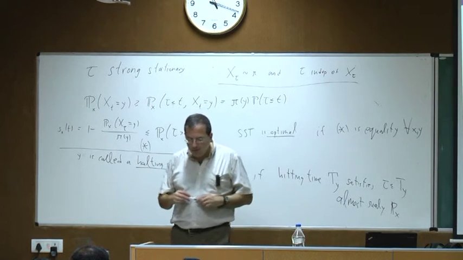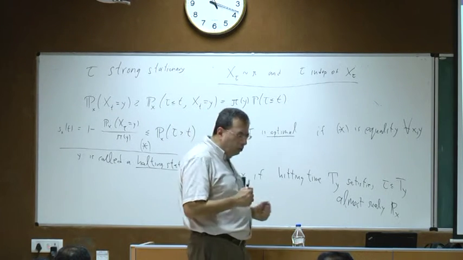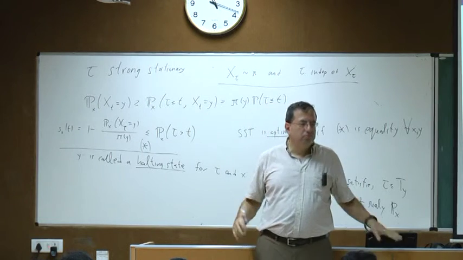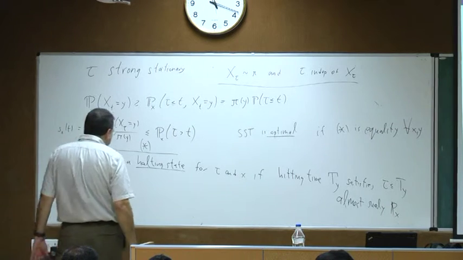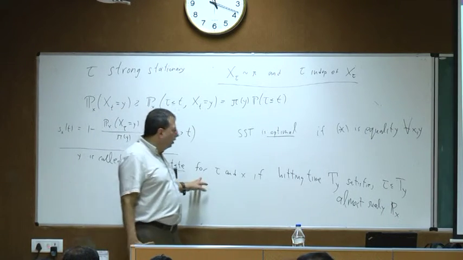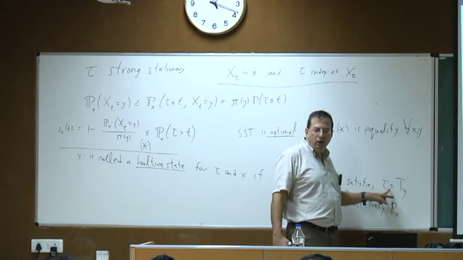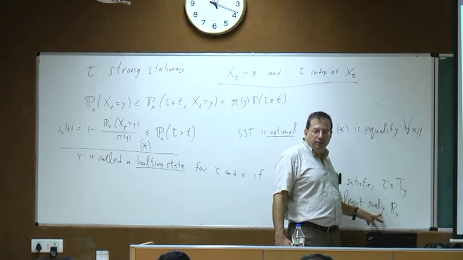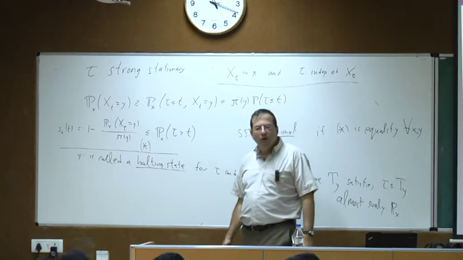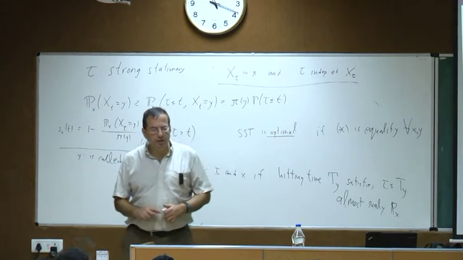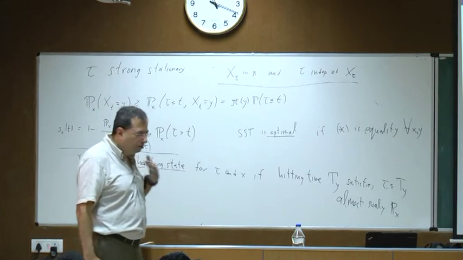So a halting state depends on the starting position and the strong stationary time. We could define it also for any stopping time. A halting state is a state where if we hit it, then we know we have stopped. So tau must be less than or equal to t_y with probability 1 when we start at the state x. Tau is any stopping time; we will want to apply it with strong stationary times, but this definition is for any stopping time.